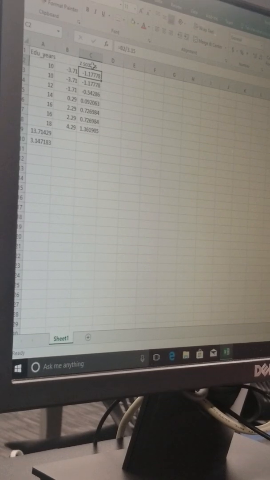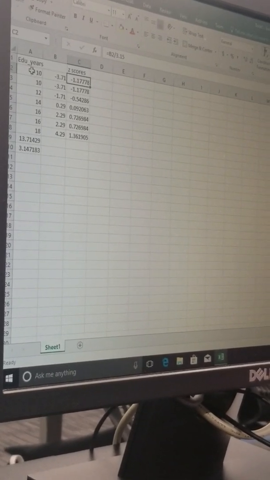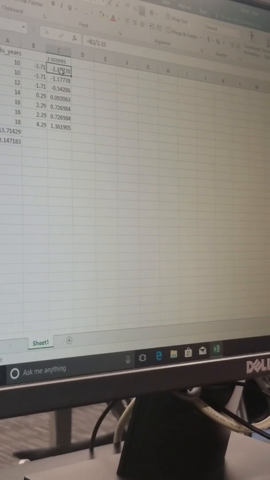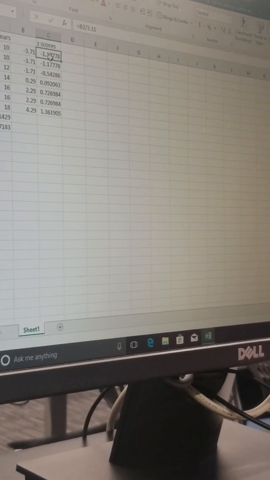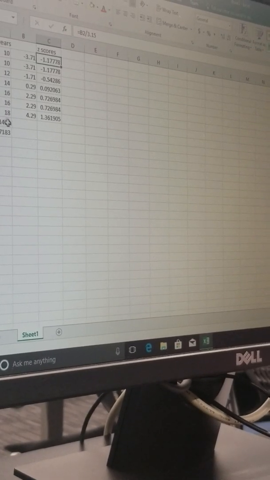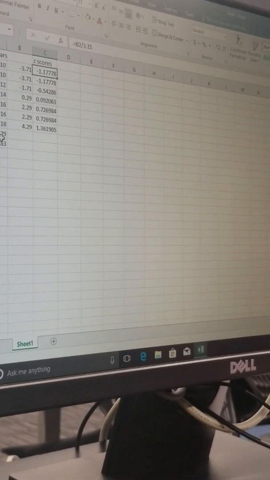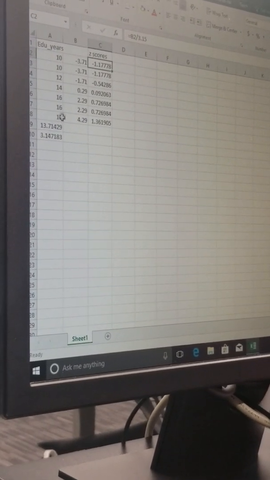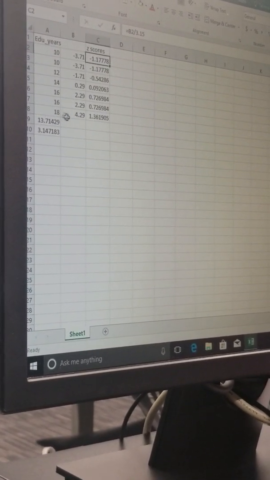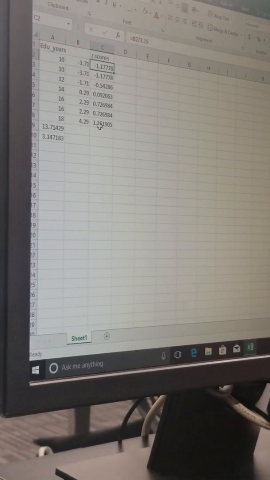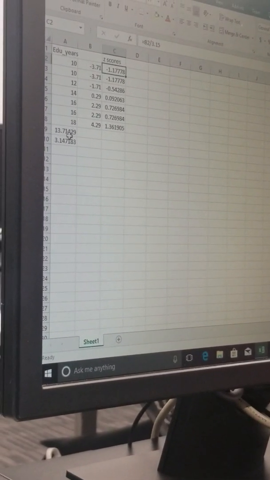So someone with 10 years of education has negative 1.18 standard deviations of education compared to the mean. That's what this is telling us. Someone that has 18 years, or a master's degree, has 1.36 standard deviations more education than the mean.